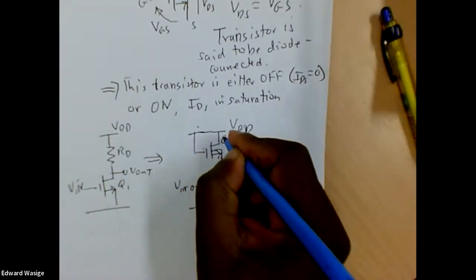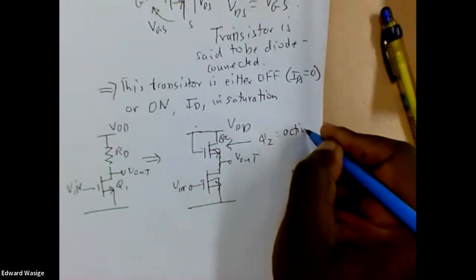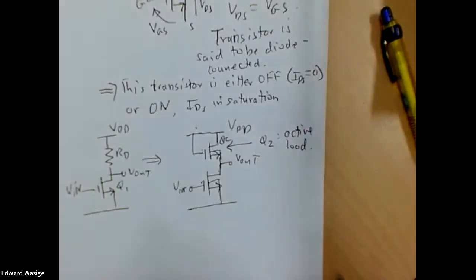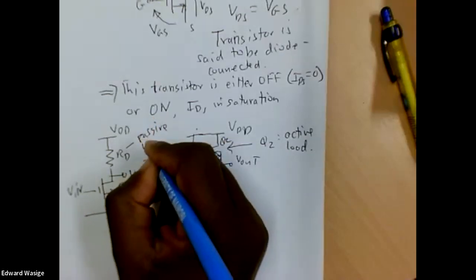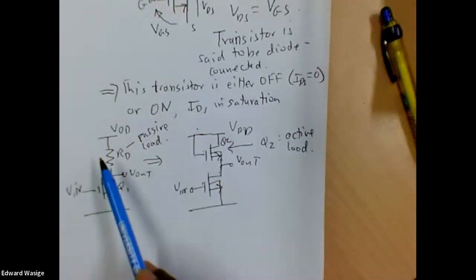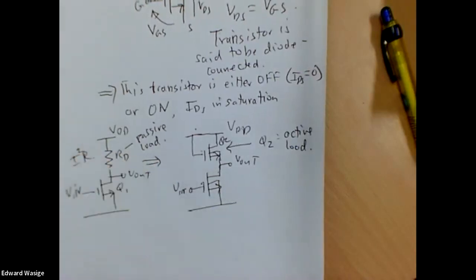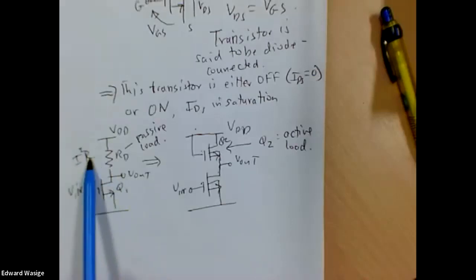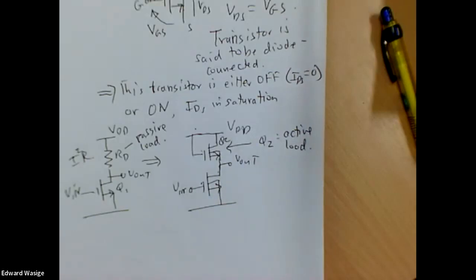So if I call this transistor Q2, we call it an active load. If we use a resistor, we would call it a passive load, a load that dissipates I squared R loss. But in this active load, we have an equivalent high resistance, but we don't have dissipation of power in this resistor. And so we call that an active load.